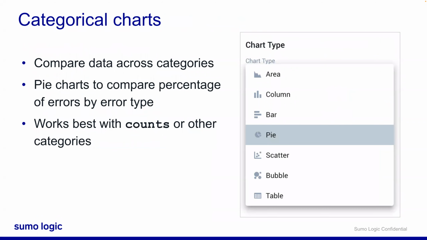Now, we can get more advanced with categorical charts, which are going to allow you to graph data across categories. And so you can start to use these different chart types to look at comparisons of percentages of errors between good versus bad, utilizing pie charts versus a bar chart versus a column chart.